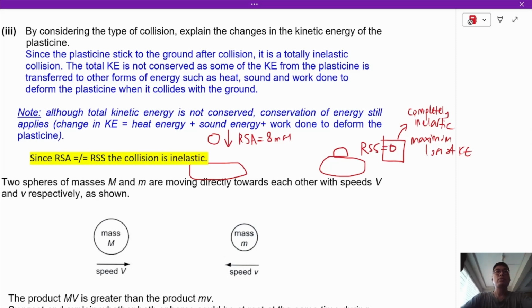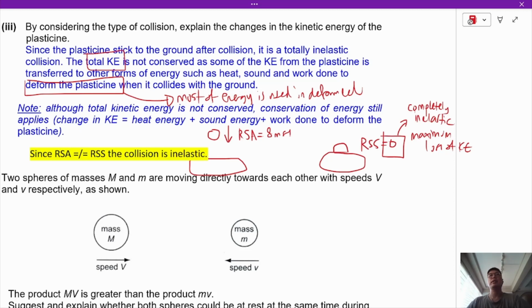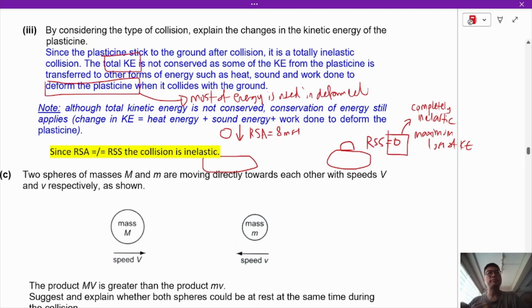The total kinetic energy is not conserved because the KE of the plasticine is used to deform the plasticine when it collides with the ground. This takes up most of the energy. Depending on how badly the plasticine is deformed, most of the energy will be lost in deformation.